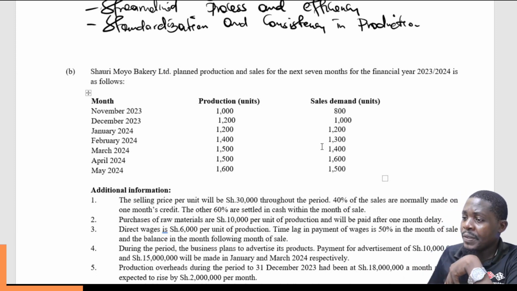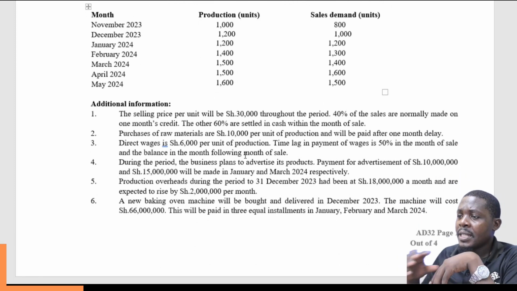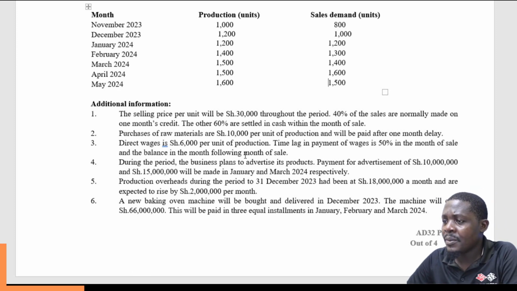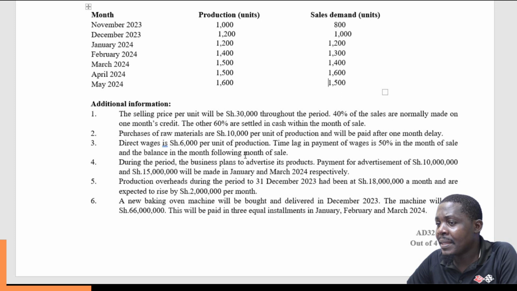Additional information. We are told that the selling price per unit is 30,000 throughout the period. 40% of the sales are normally made on 1 month credit, and 60% are settled in cash within the month of sale.